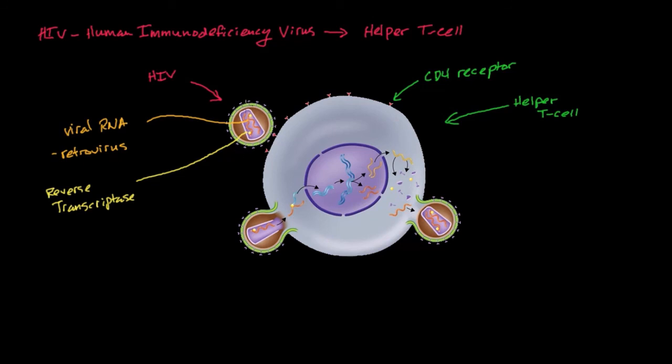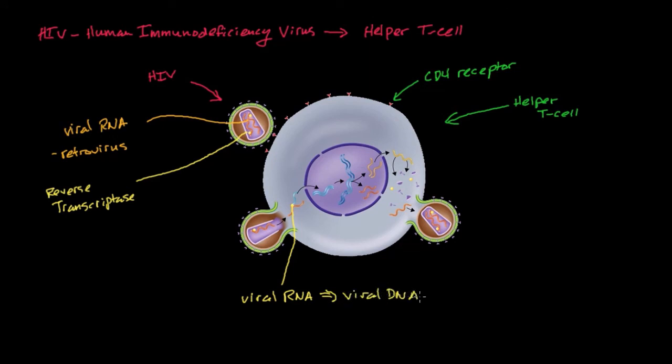Once this HIV virus binds to a CD4 receptor on a helper T cell, the membranes of the virus and the helper T cell fuse together. By doing this, the HIV viral RNA and the reverse transcriptase are released into the cell. Now reverse transcriptase converts viral RNA to viral DNA.